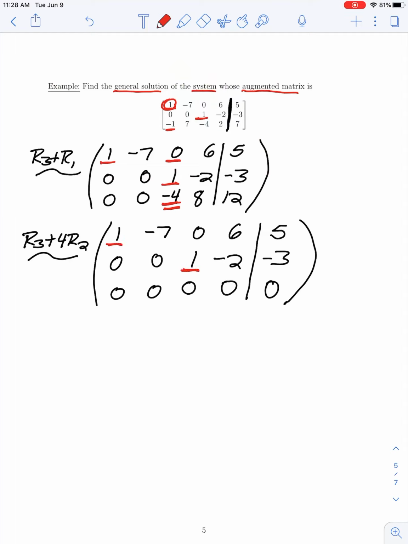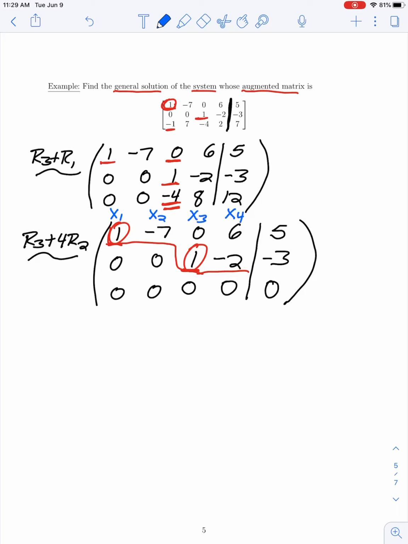We have leading entries of 1. My row of all zeros appears below every non-zero row. So that is, we have this sort of staircase pattern here. And the leading ones in each row have zeros everywhere above and below them. So if we think about this augmented matrix as representing a linear system, the entries in my first column are the coefficients of a variable x1. The entries in my second column are the coefficients of some variable x2.